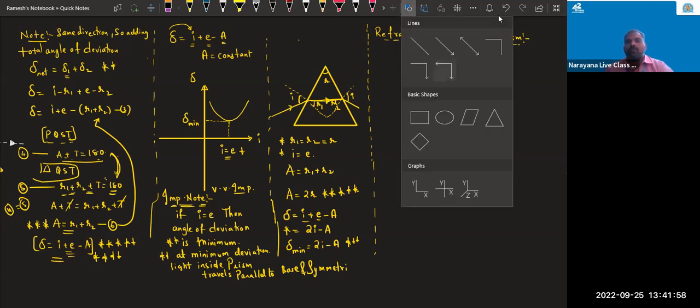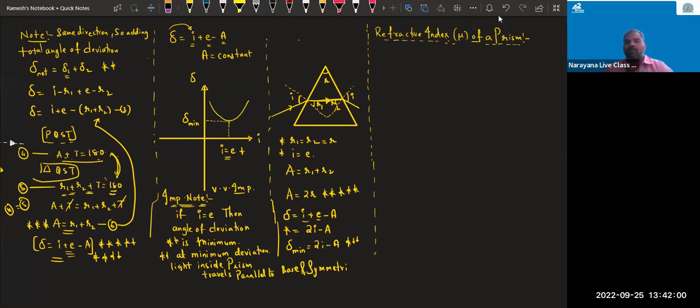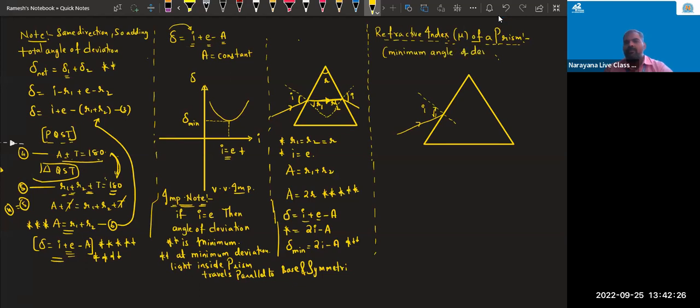Let me give a small recall about the ray diagram. One ray of light will fall like this. What is the angle of incidence? I degree. Right now I am analyzing only the minimum angle of deviation. Yesterday I told the conditions also. The minimum deviation condition is i equal to i.